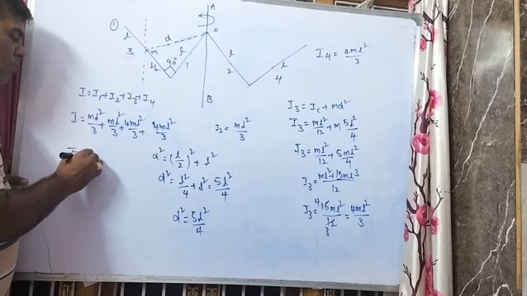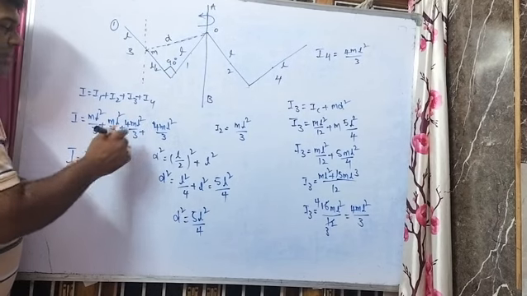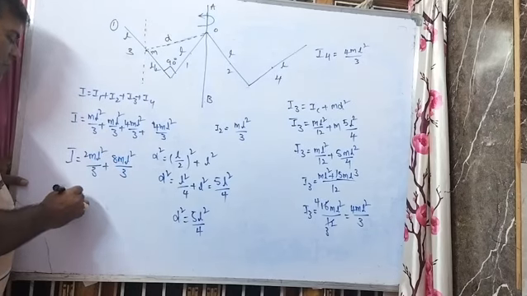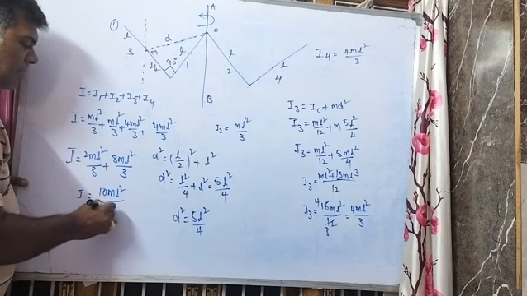ML square by 3 plus ML square by 3 is 2 ML square by 3, plus 4 ML square by 3 plus 4 ML square by 3 is 8 ML square by 3. Therefore, the net moment of inertia is 10 ML square by 3.